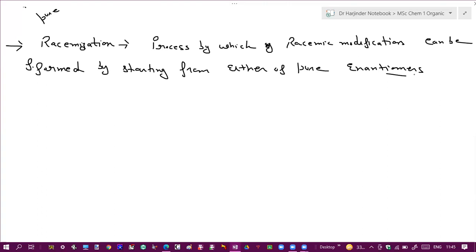What is racemic modification? We have already seen that racemic modification is an equimolar mixture of two enantiomers.